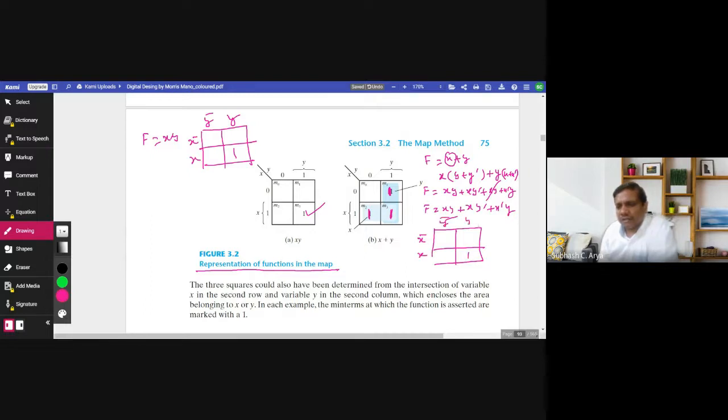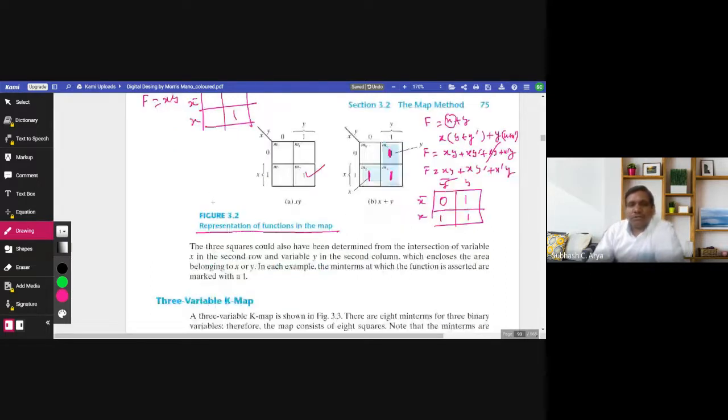So xy, x y bar and x bar y. If you need, you can put 0 in the others, no problem. This is how we can fill up the information given either in Boolean expressions or through the truth table also. So both kinds of information we can fill up in the K map. Later on we will see how to minimize. That is the next part.